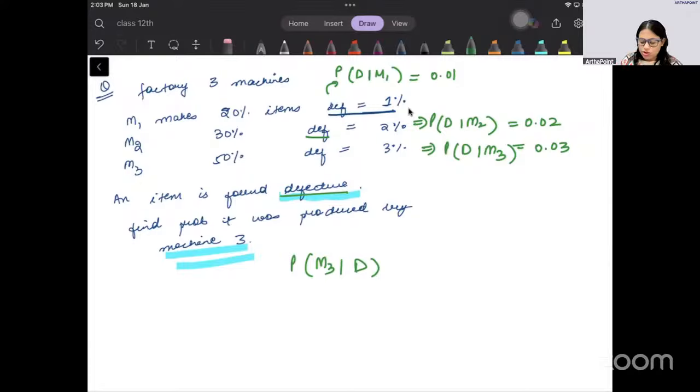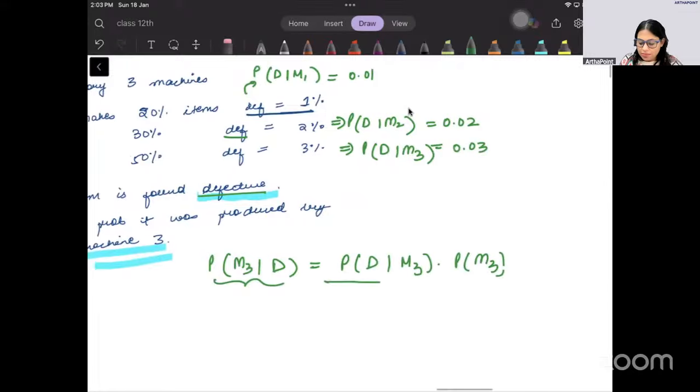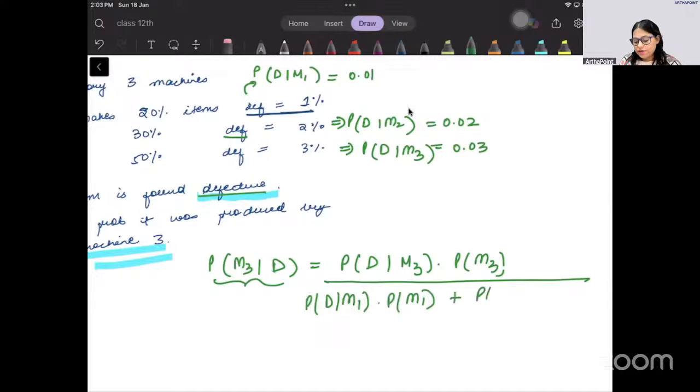Okay, just do it. So this will reverse. This becomes D given M3 into M3, and in the denominator all will come. So D given M1 into M1, D given M2 into M2, D given M3 into M3.